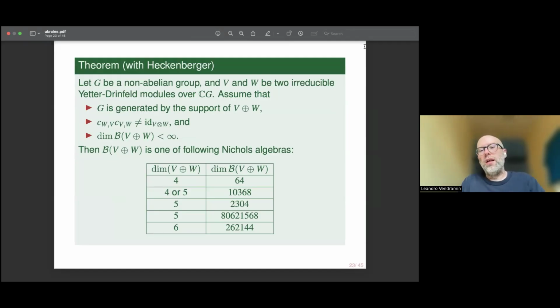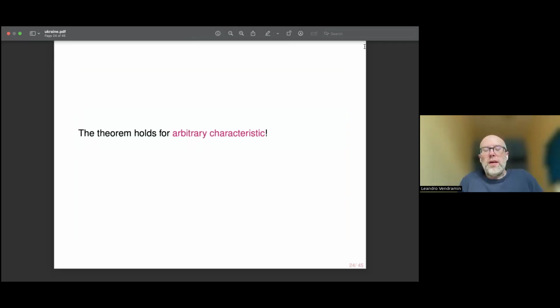And then, well, I can describe which Nichols algebras can appear. I cannot put all the information in this slide, but I can give you, for example, the dimension of V plus W, which can be 4, 5, or 6, or the dimension of the Nichols algebra, which are these numbers that you see there. Okay, very good. So this is what you see for complex numbers. But of course, the theorem holds for arbitrary characteristics.